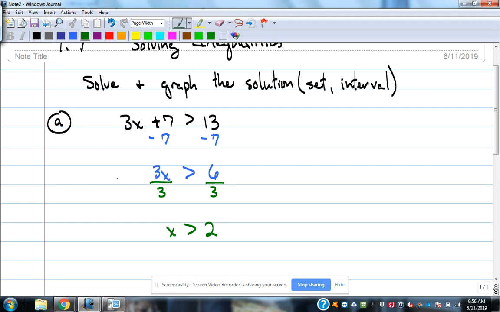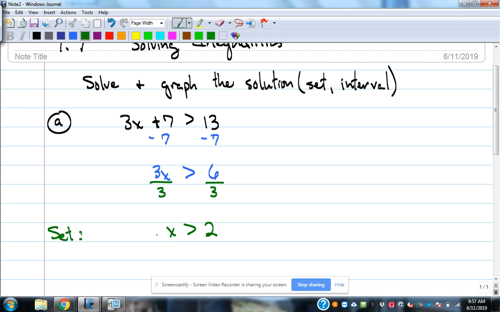Remember that there's a rule. If you divide by or multiply by a negative when you're solving an inequality, you have to flip the symbol. Here we divided by 3. That doesn't mean we flip the symbol, okay? It has to be a negative that we divide by or multiply by to flip the symbol. So that's going to stay the same. Once you've solved it, if the variable's on the left, the set notation is super easy.